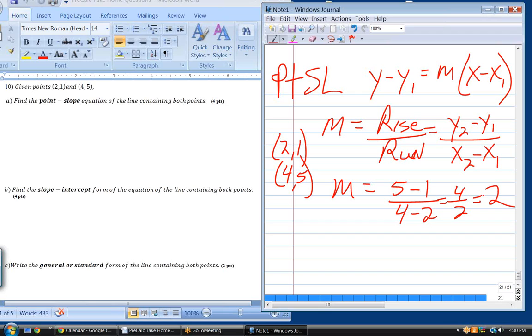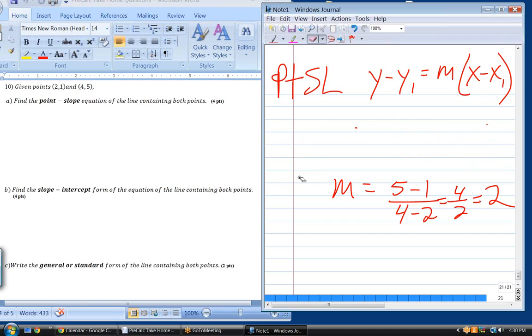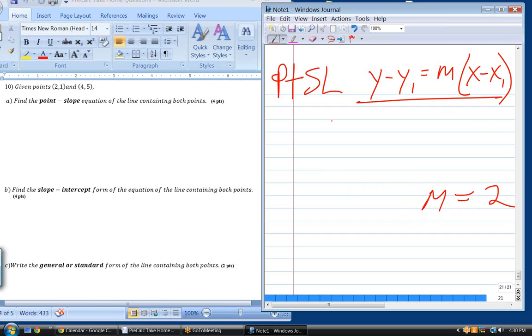Now we have slope and 2 points. Because all we need is slope and 1 point to put it into this format. If m is 2, then tell me what that would be. And pick either point you want.